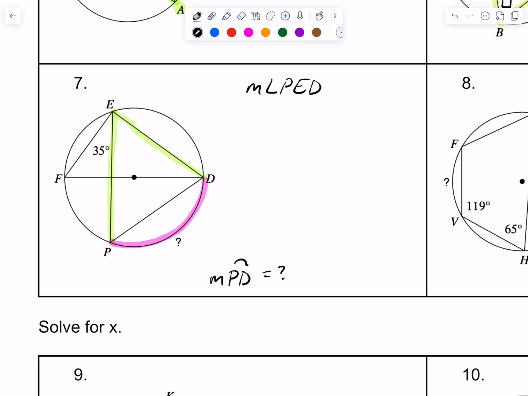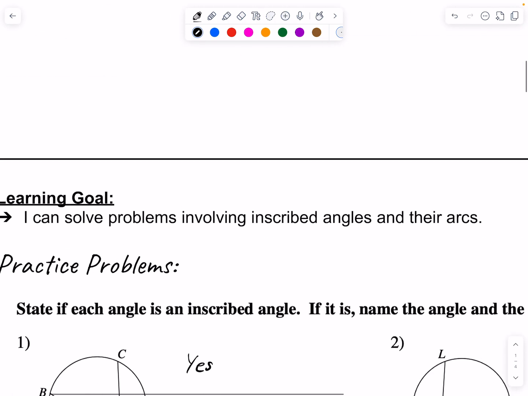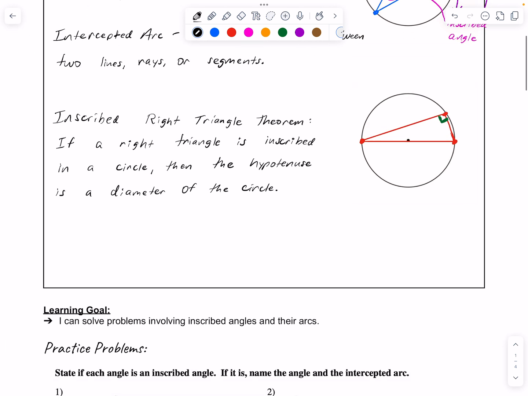Now, one theorem we looked at the very beginning in these notes was the inscribed right triangle theorem, which says that if a right triangle is inscribed in a circle, then the hypotenuse is a diameter of the circle. And you can also go the other direction. The converse is that if you have a triangle inscribed in a circle and the hypotenuse is the diameter, then it must be a right triangle.